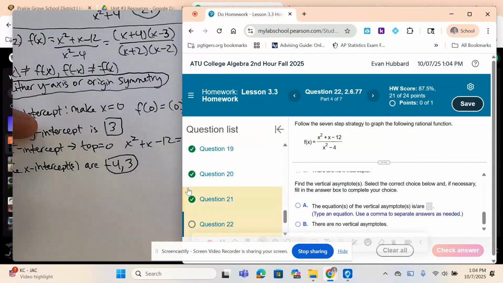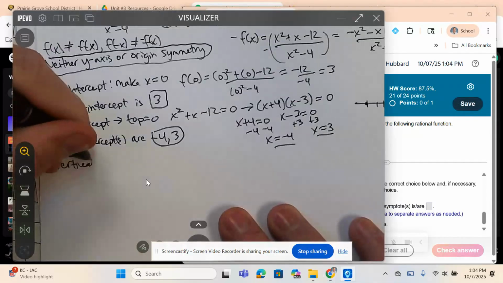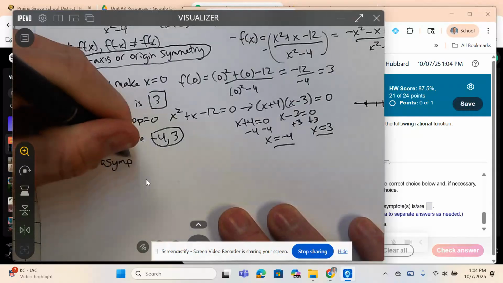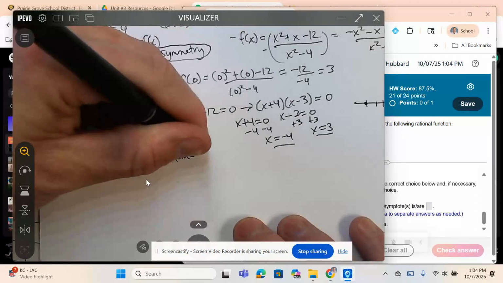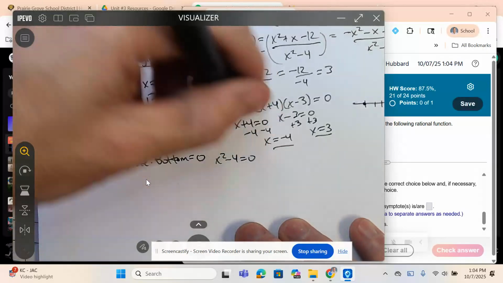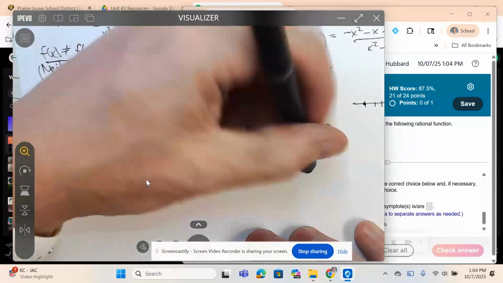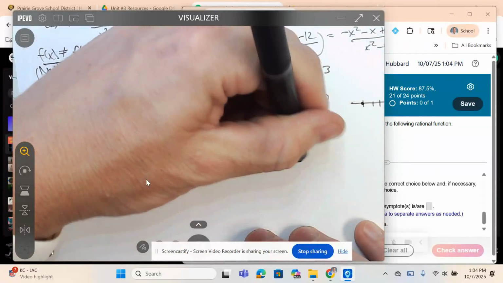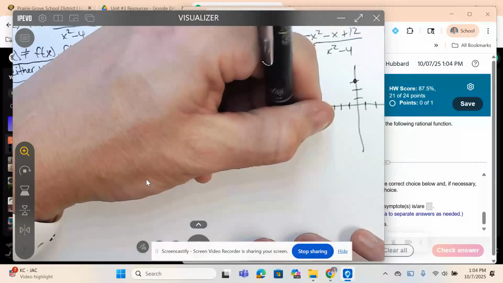Now, vertical asymptotes, what makes the bottom equal 0? So for a vertical asymptote, you make the bottom equal 0. So you put x squared minus 4 equals 0. So it'd be x plus 2, oops, I'm going too fast. X plus 2, x minus 2 equals 0.